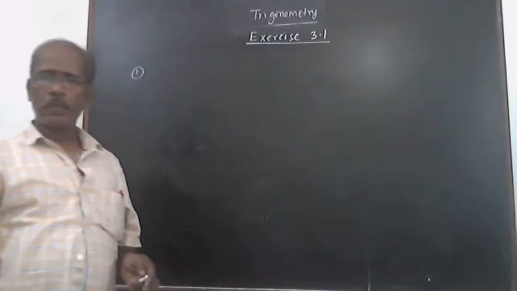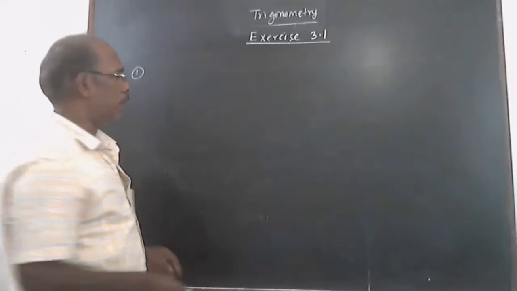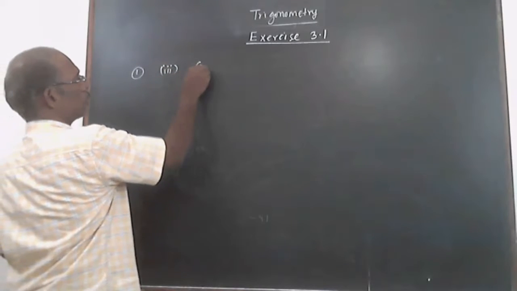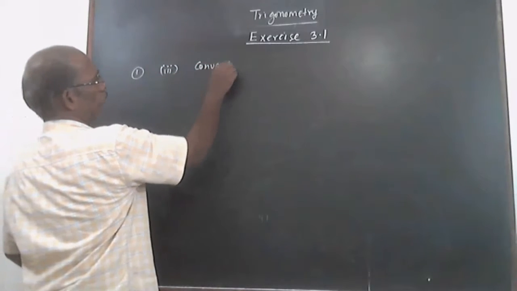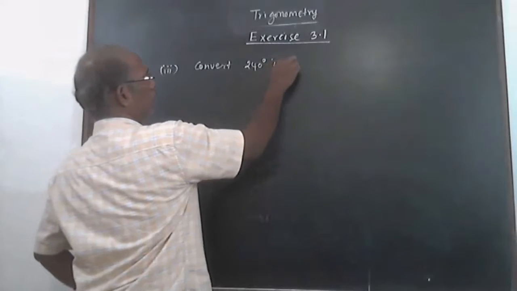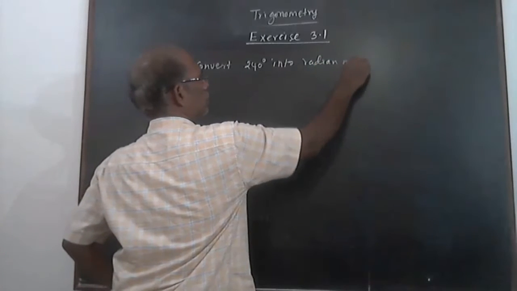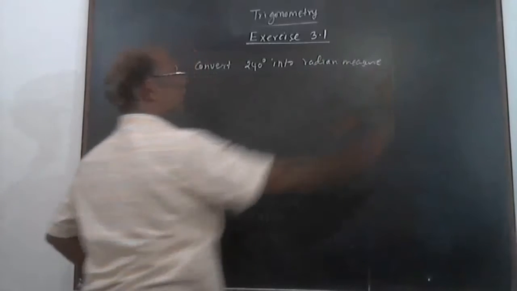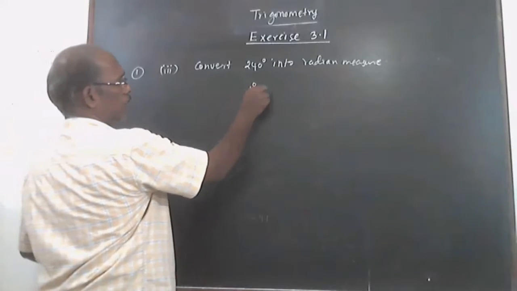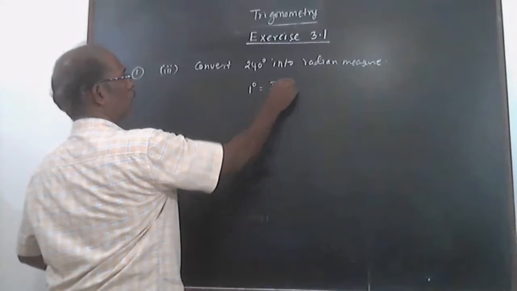Third subdivision of question number 1: convert 240 degree into radian measure. 1 degree is pi by 180 radian.